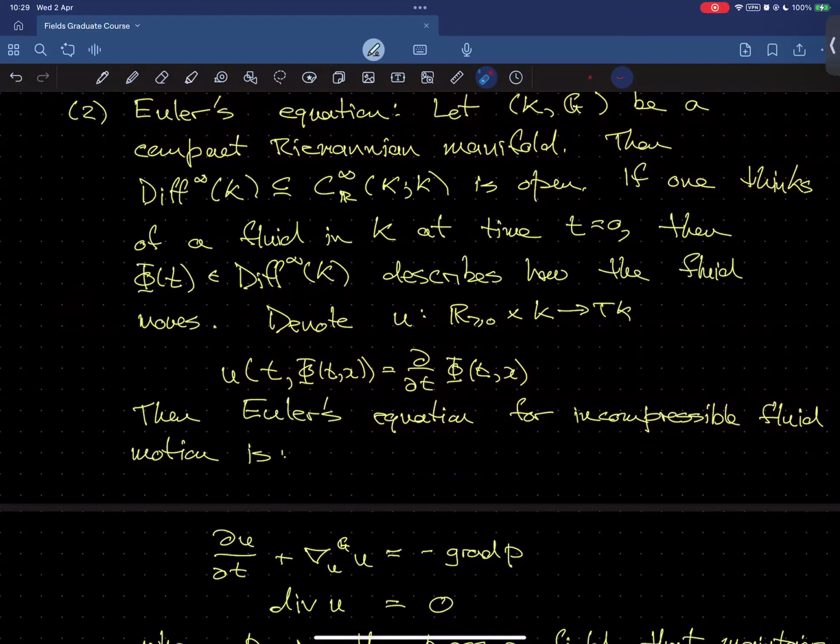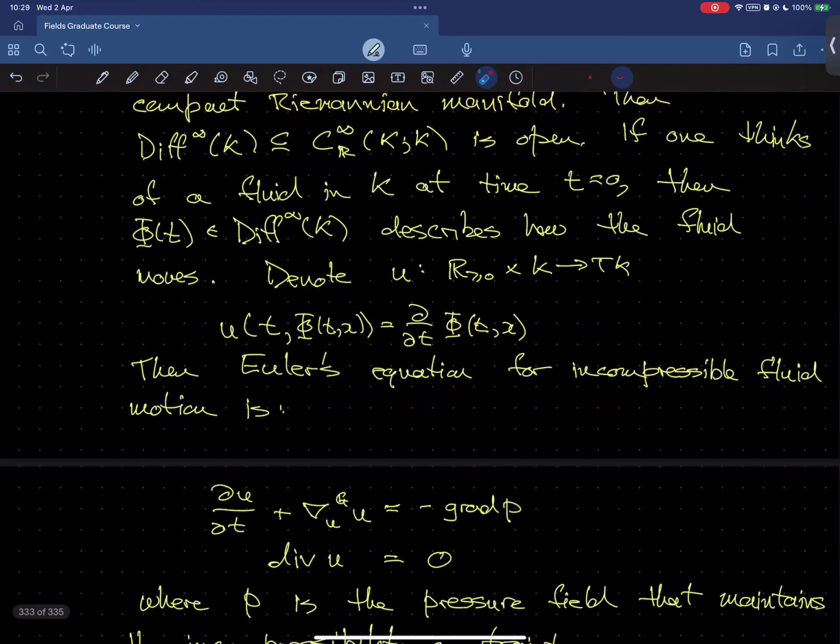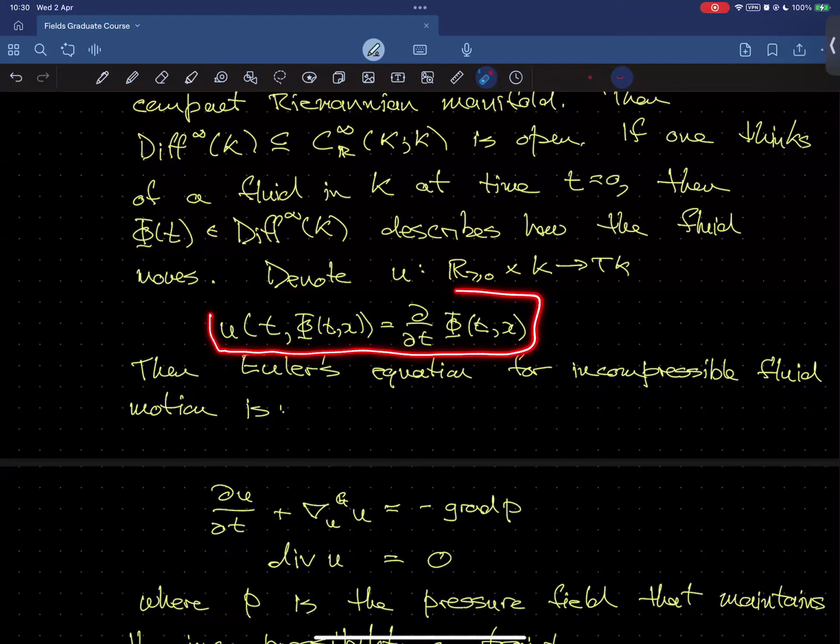All right. So the normal way you represent the Euler equations is you don't work with phi directly. You work instead with the velocity field, and the velocity field is defined by a formula like this.